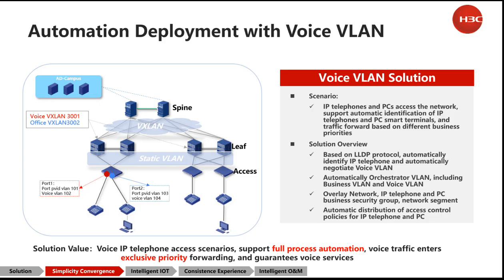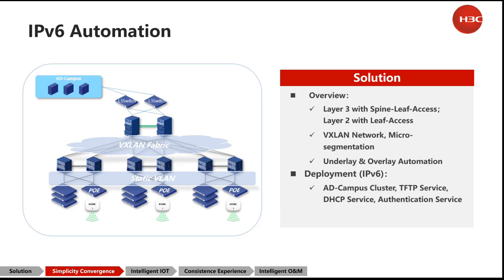AD Campus can actually automatically detect those devices using LLDP and automatically configure ports on your switches in order to allow that voice traffic to flow. As I mentioned, with IPv6 automation, with the move to IPv6 starting to happen, AD Campus fully supports both single and dual stack.